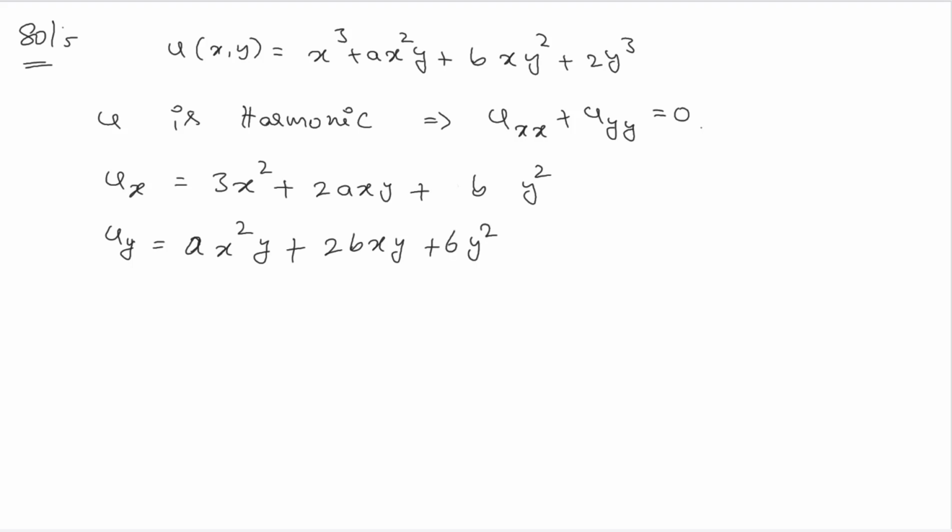And then again we have uxx is 6x plus 2ay, whereas uyy is 2bx plus 12y.